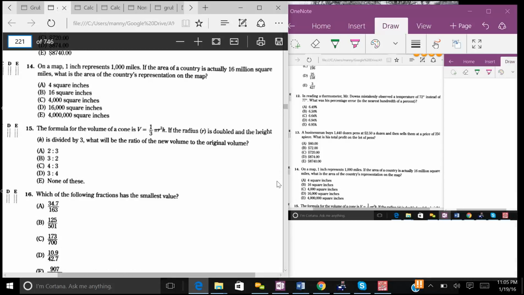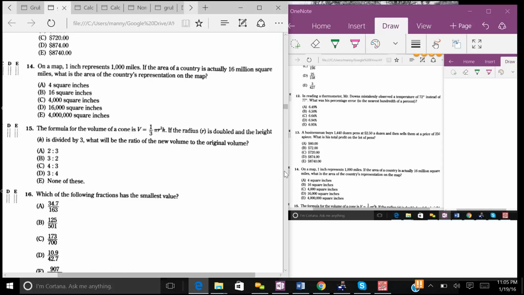Okay, try number 14. Okay. Is it 16,000 square inches?